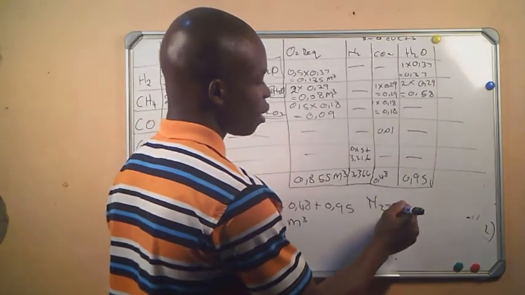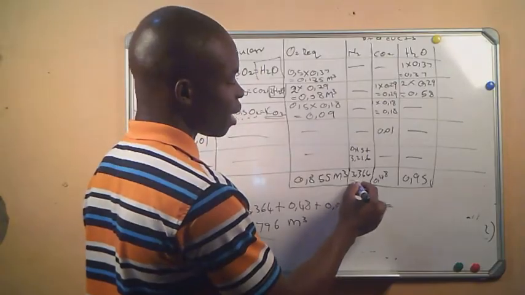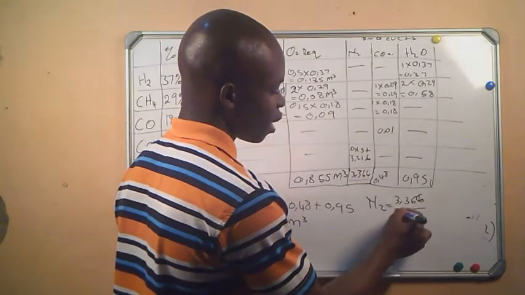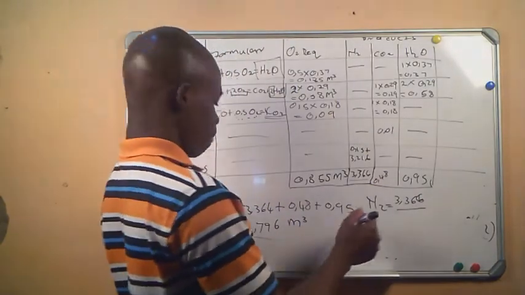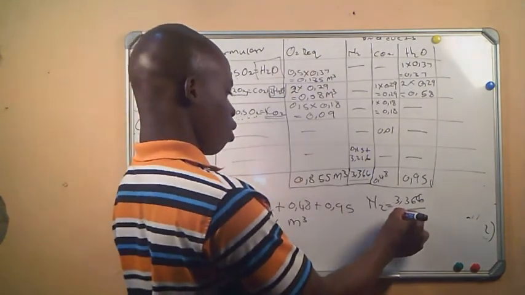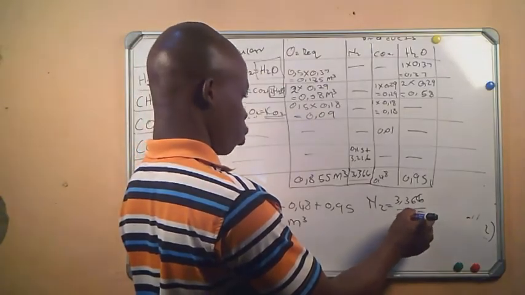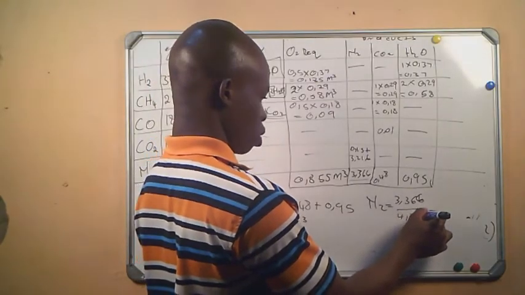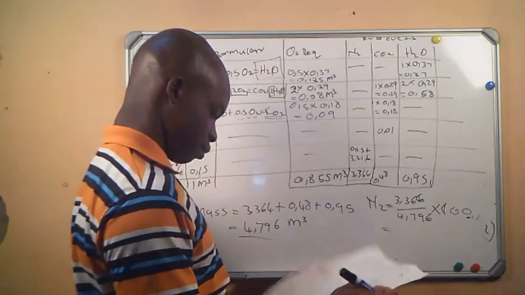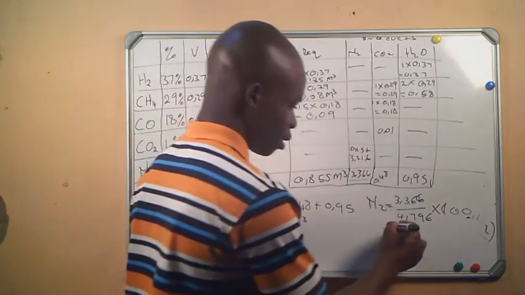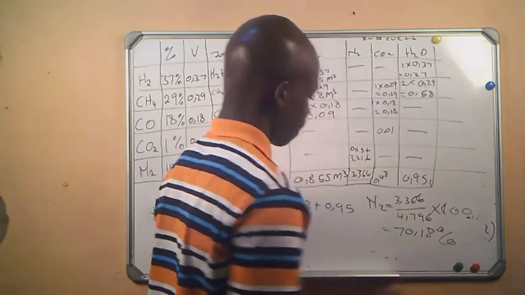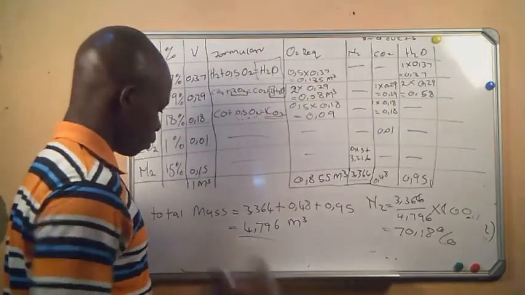For nitrogen, we will say the volume of nitrogen, which is 3.6366, divided by the total volume of the product of combustion, times 100, which will give us 70.18%.